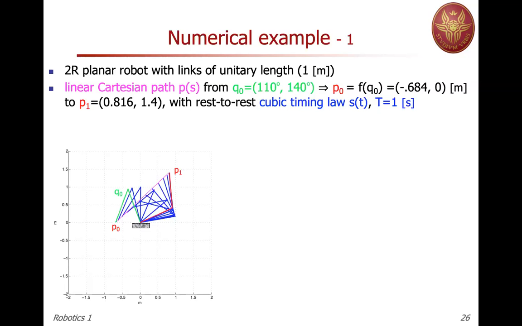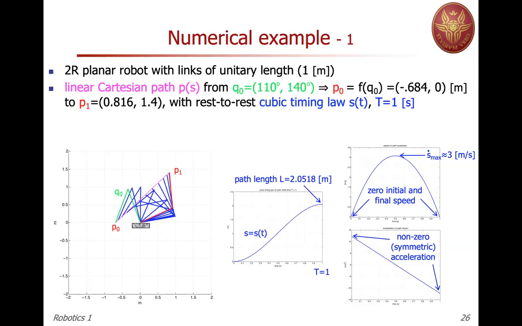The lower order, so the linear and the constant part of this cubic timing law, are 0. So just refer to the cubic trajectory, the scalar cubic trajectory in the joint space. We have used the formula there, but you can apply it as a timing law as well. And the total time is 1 second.